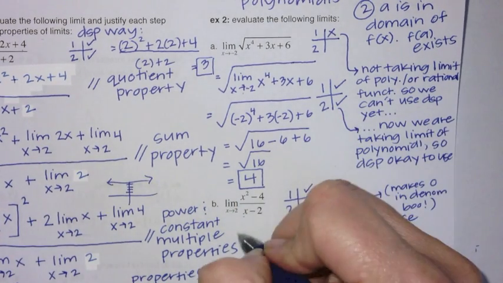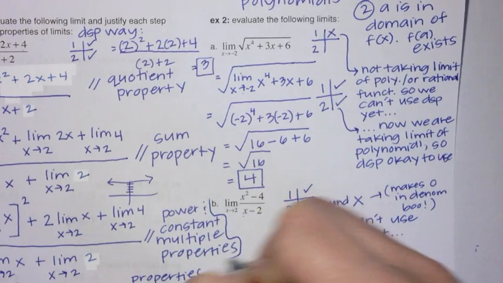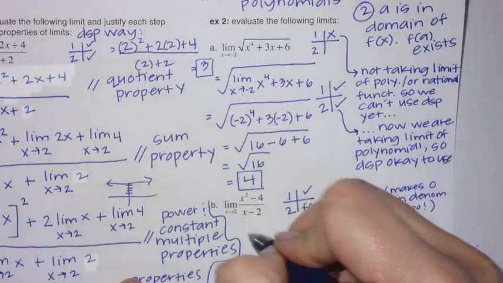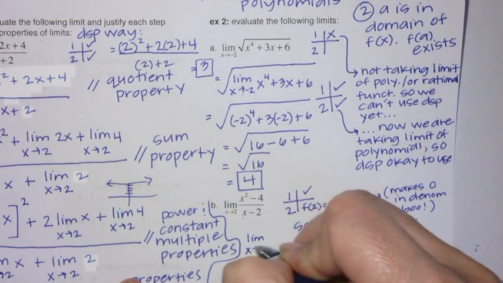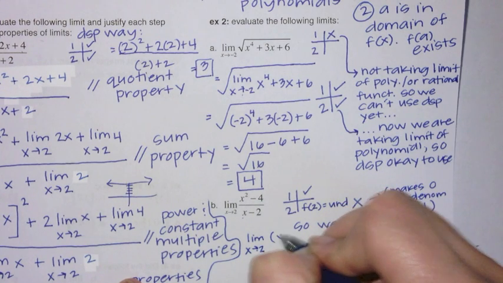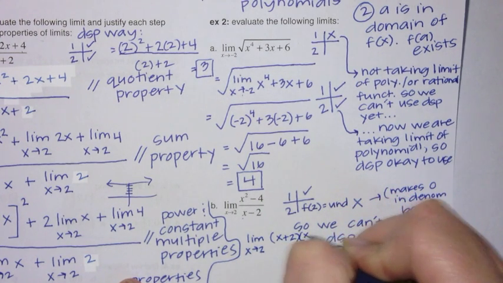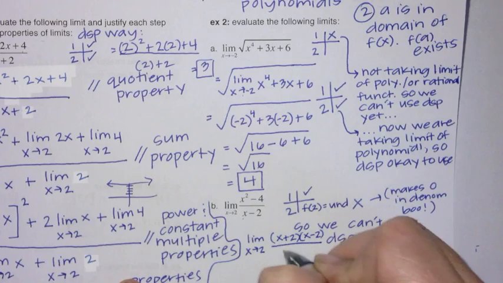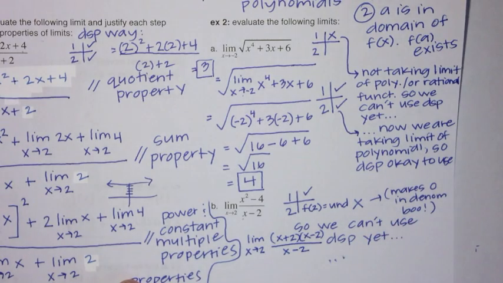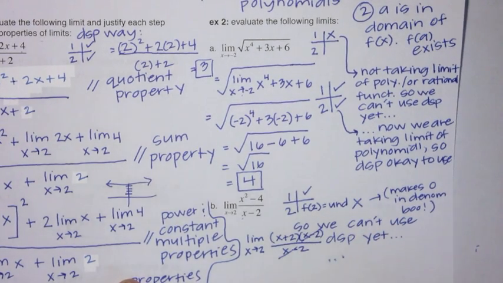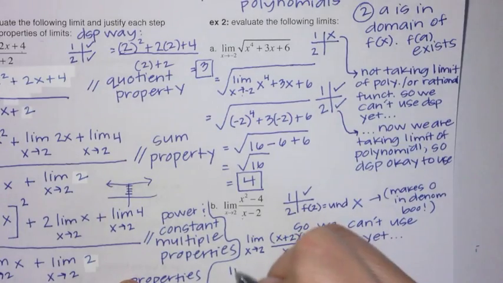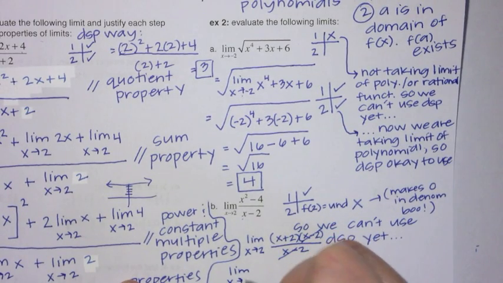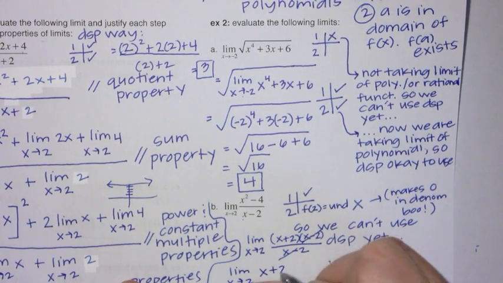We could rewrite this as the limit as x approaches 2 of x plus 2 times x minus 2, using that good old difference of squares. Hey, look, those cancel. And I have the limit as x approaches 2 of x plus 2.